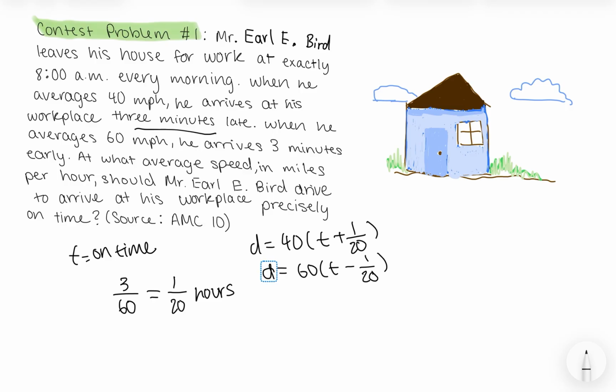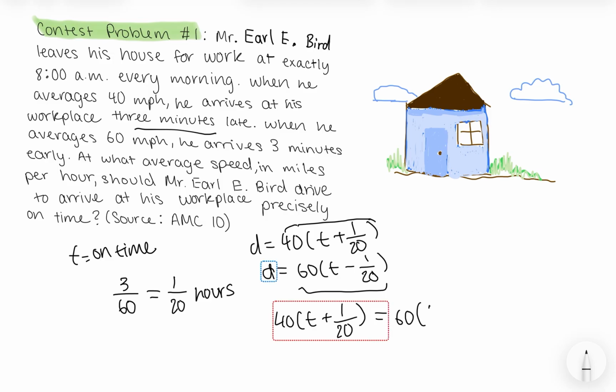And so now we're going to set these two equations equal to each other, because they're both equal to D, so they must be equal to each other. So 40 times T plus 1 over 20 equals 60 times T minus 1 over 20.